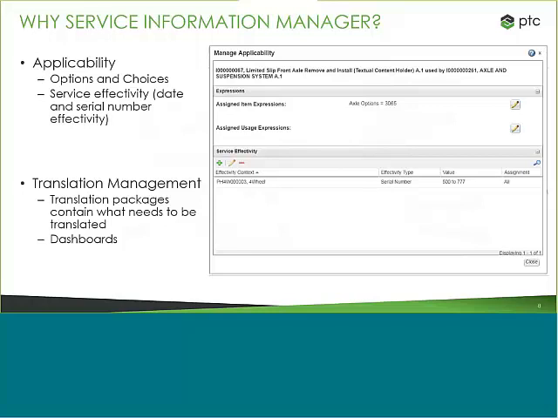The top one, where it says expressions, that's referring to Windchill options and choices, where you can define options and choice values for a given product and then assign those to the content. And you can assign it both to individual pieces of content or to entire groups or sections of content.